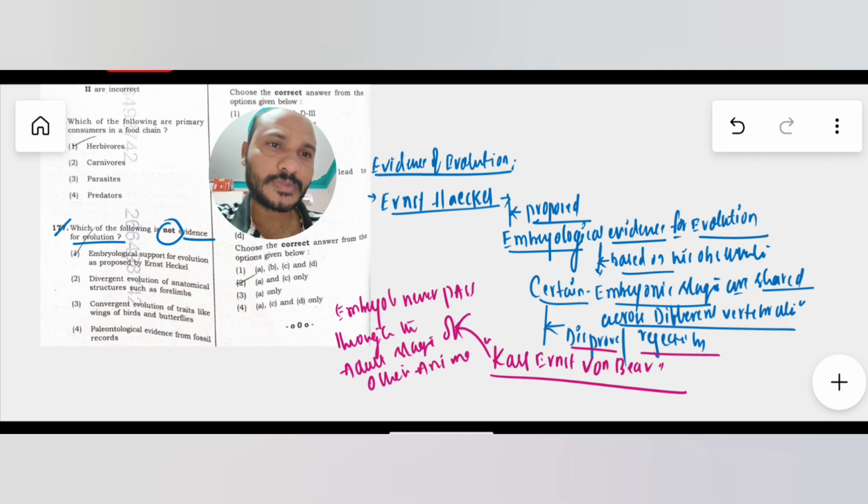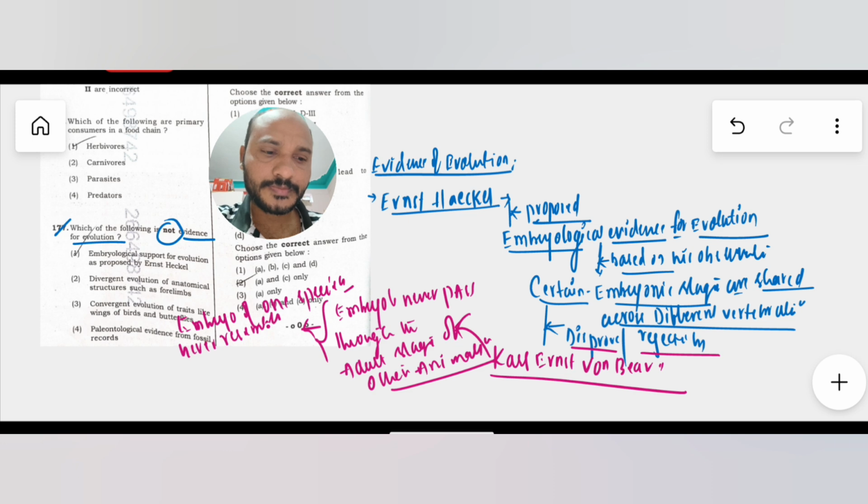It means that the embryos of one species never resemble the adult of another species.